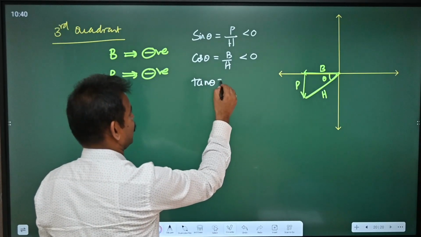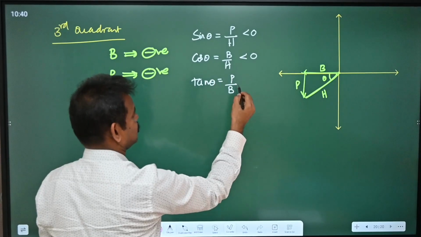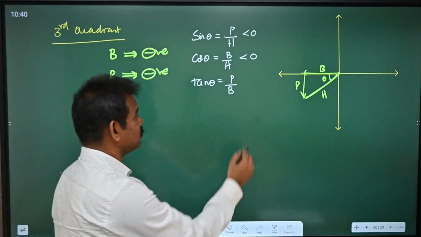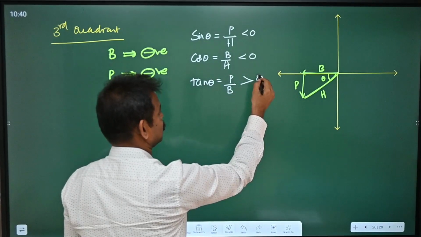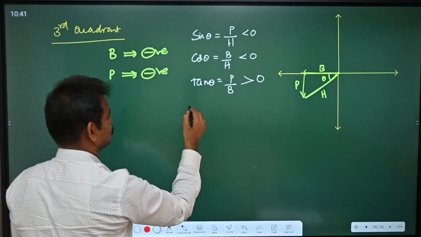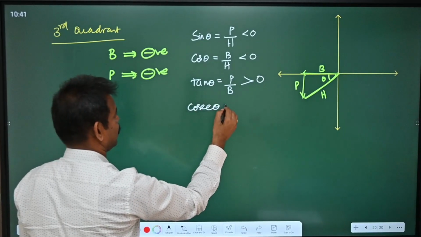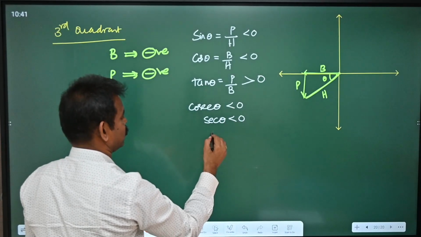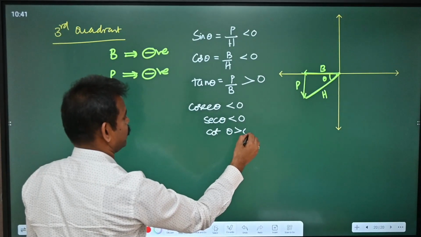Then tan theta, perpendicular by base, perpendicular negative, base is also negative, negative by negative is always positive. So this is positive, and the corresponding reciprocals, cosecant theta will be negative, secant theta will be negative, cot theta should be positive.